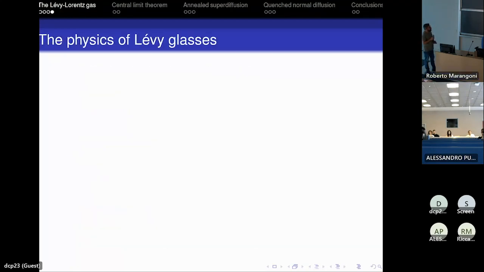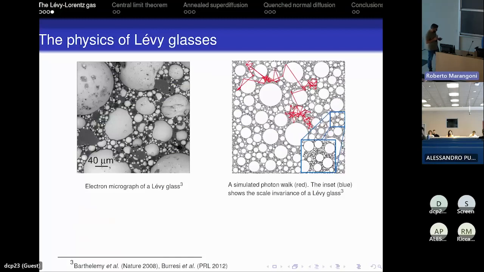Okay, so let me motivate the problem from a physical experiment. A few years ago, physicists devised a certain optical material called Lévy glasses, which allow superdiffusion of light. On the left, you can see a micrograph of a Lévy glass.